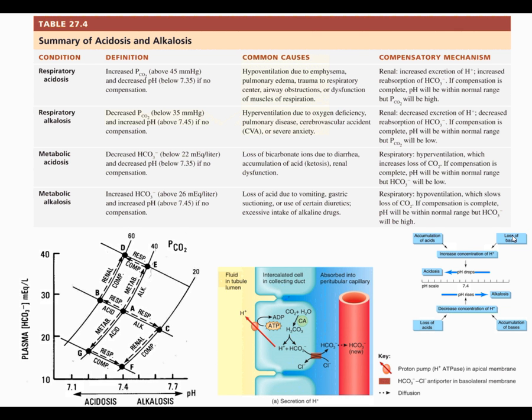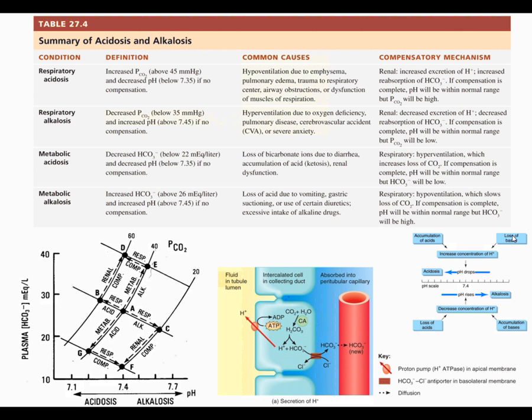Respiratory acidosis is going to cause our pH to drop. So in respiratory acidosis, we go from point A to point B. If you draw a line down from B, we've gone down from 7.4, probably to somewhere around 7.3. We compensate by increasing our blood bicarbonate, which means that's going to go up.